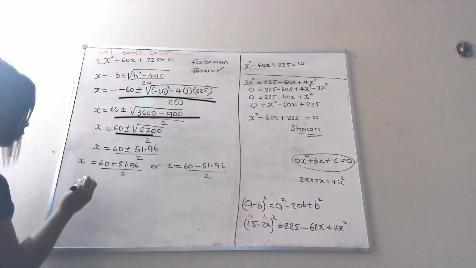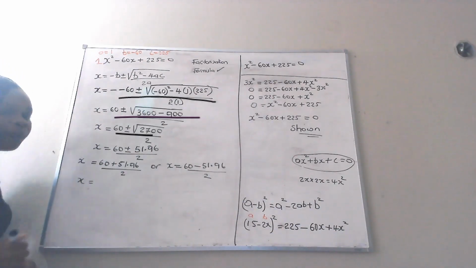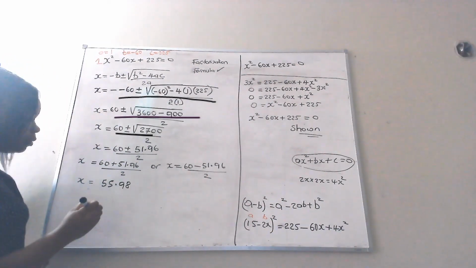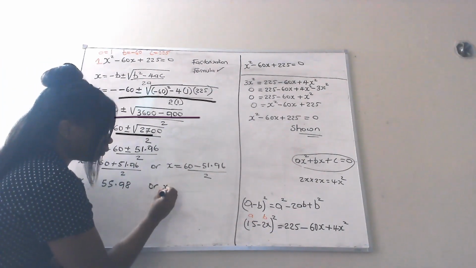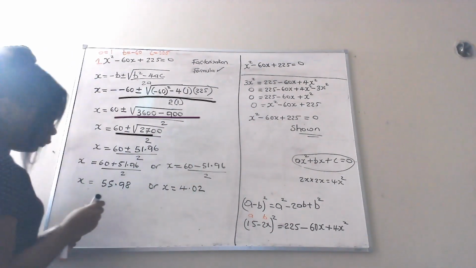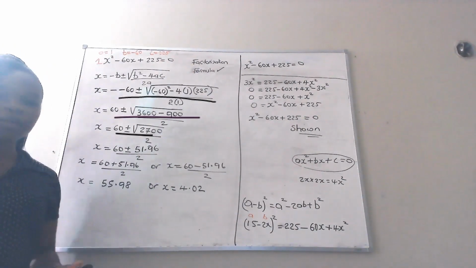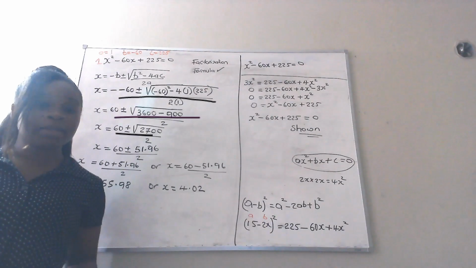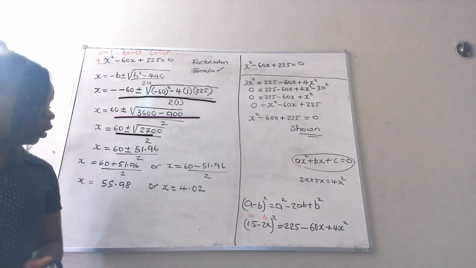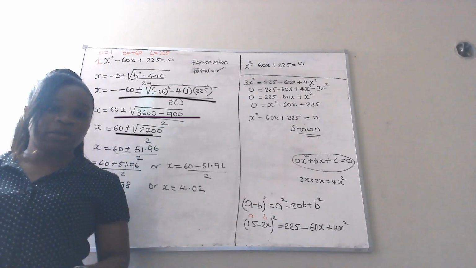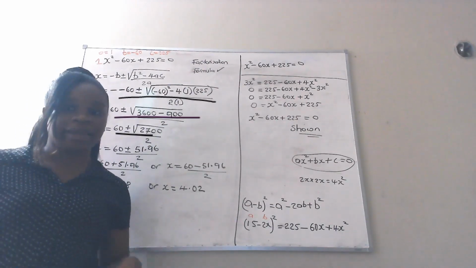So let's work this out. This is equal to 55.98 or 4.02. So we have two values for x, and one of them is wrong. One is incorrect. So to determine which is incorrect, we need to now find the values for y.